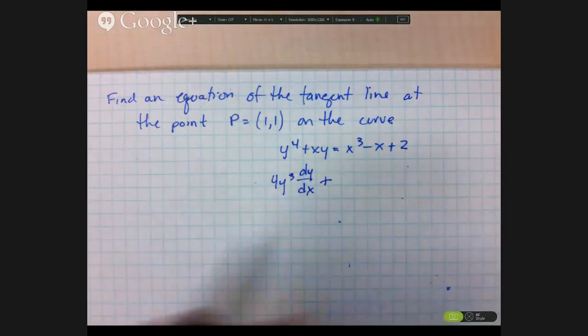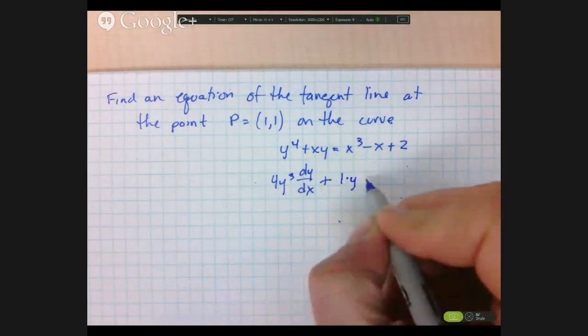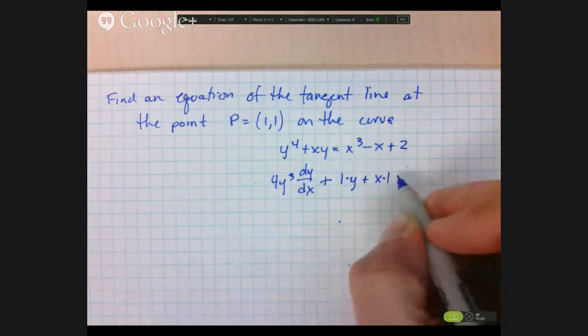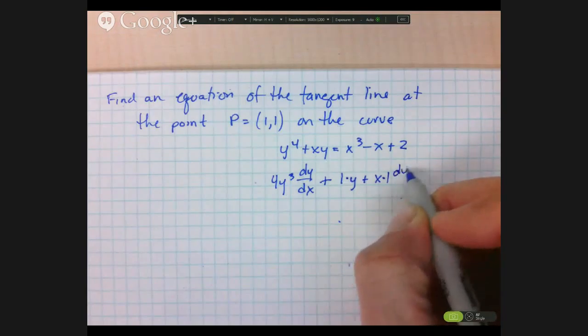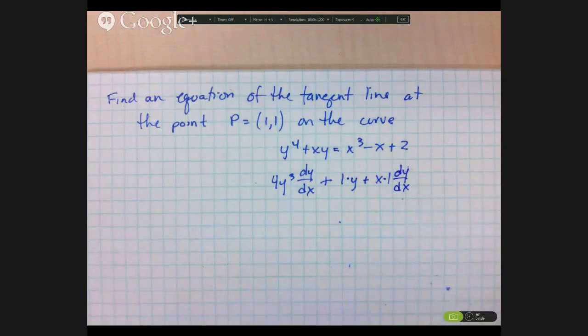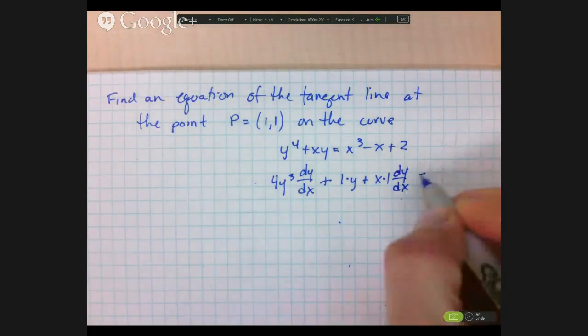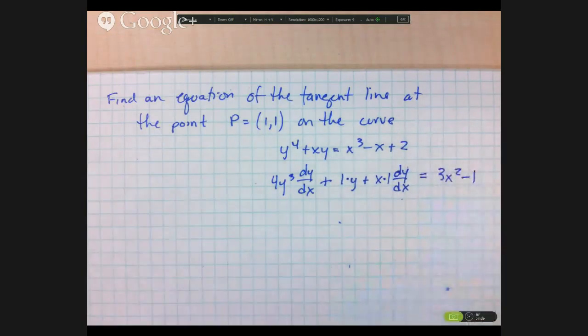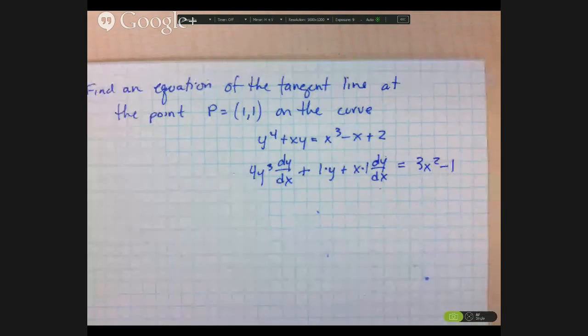So 1 times y plus x times 1. Missing something. dy dx, because that 1 was a y. You took the derivative of y with respect to x, so label it. And then the right side is easy because it's x's.